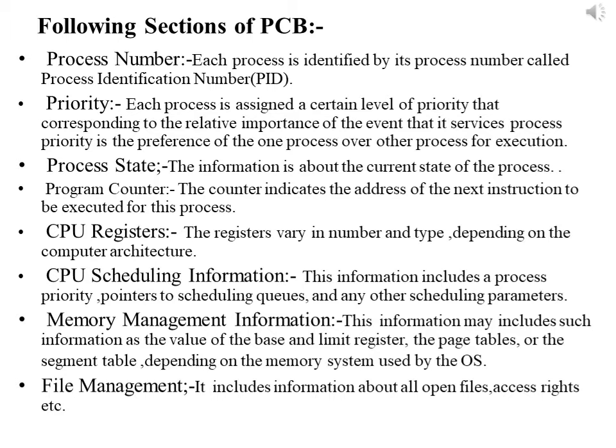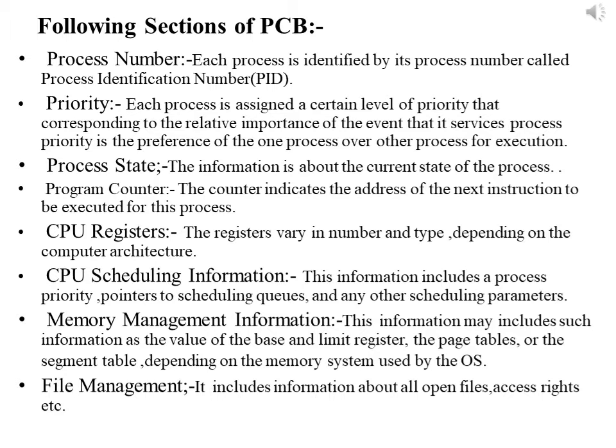Next is the program counter. The counter indicates the address of the next instruction to be executed for this process. The program counter you learn in the microprocessor subject. Next is the CPU registers. The registers vary in number and type depending on the computer architecture.